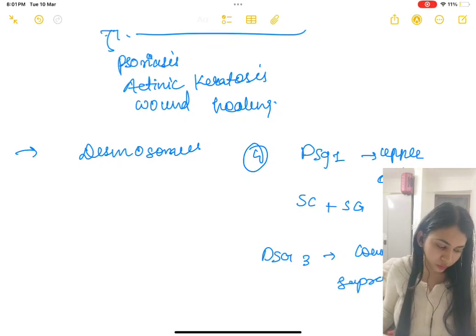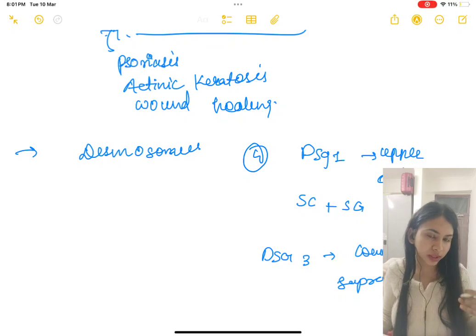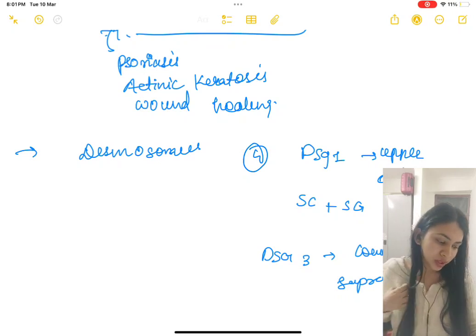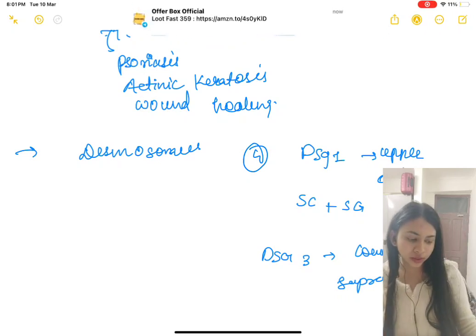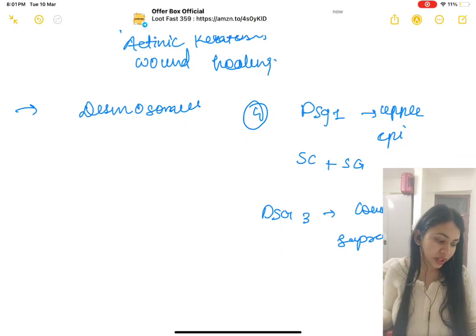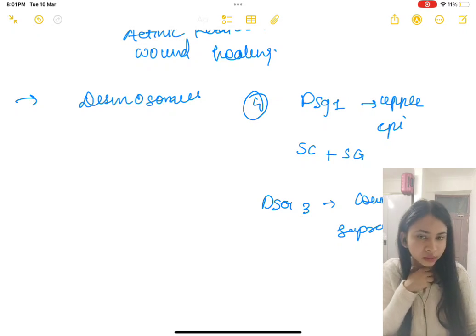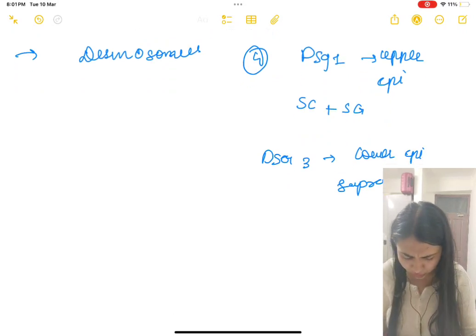In the pemphigus group of disorders, antibodies against these antigens produce the pathology. In pemphigus foliaceus, the antibodies are directed against desmoglein 1, so you get a subcorneal split. In pemphigus vulgaris, the antibodies are directed against desmoglein 3, so you get a suprabasal split.